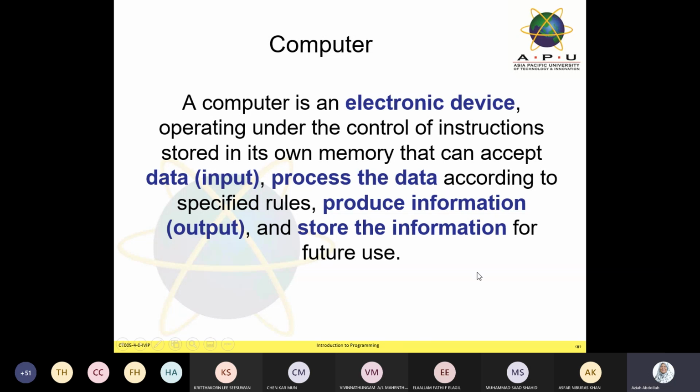The one that you see right now, like this, a computer is an electronic device, this is information. This is the information because this is the output that you will see. Okay, it's not a raw data. So that is what computer are.